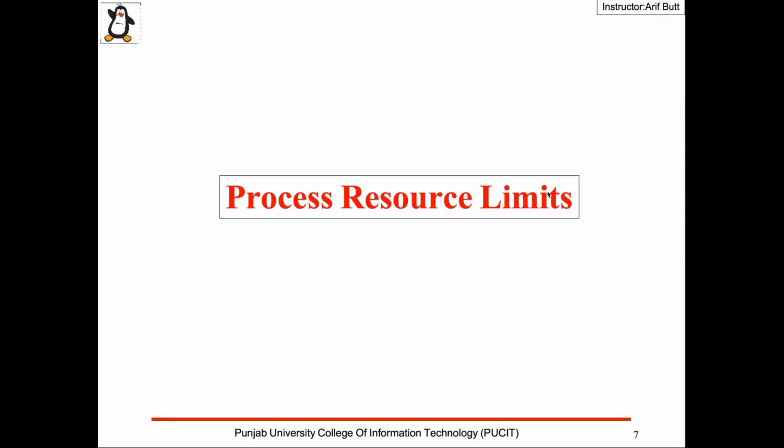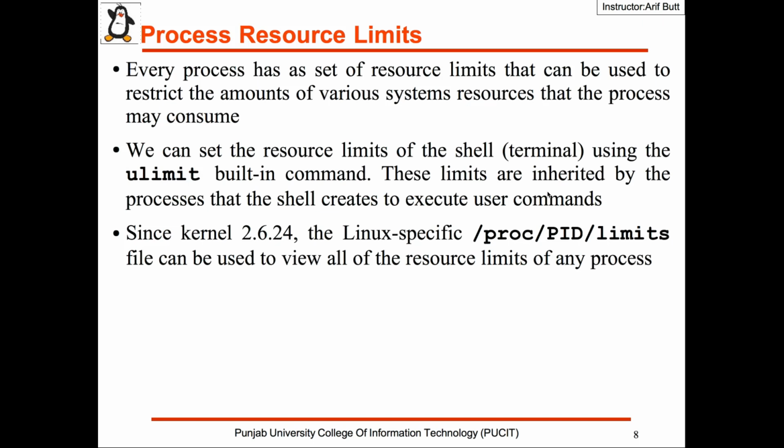And now is the last part of today's session, and that is process resource limits. Well, dear students, every process has a set of resource limits that can be used to restrict the amounts of various system resources that the process may consume.